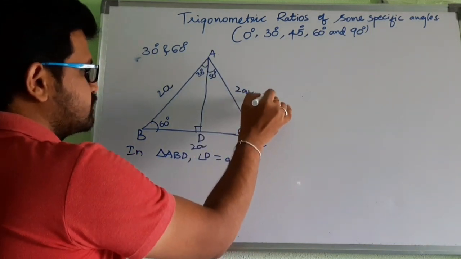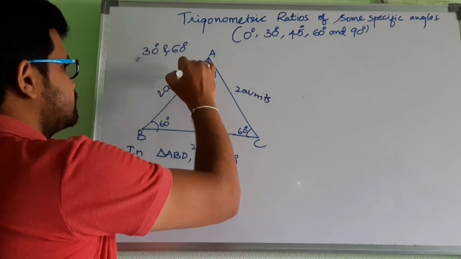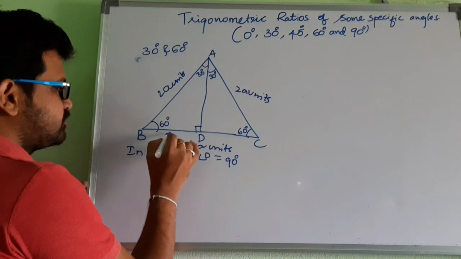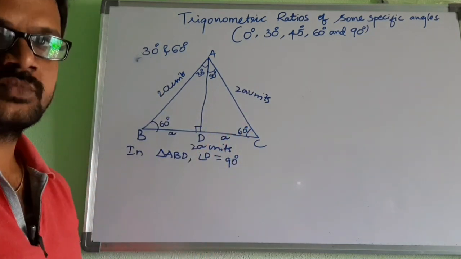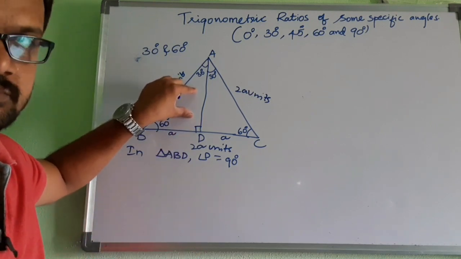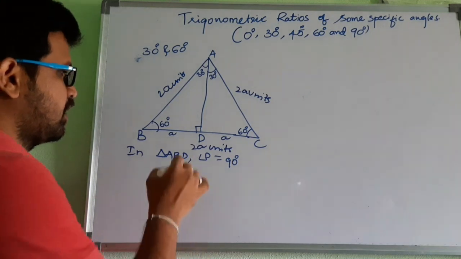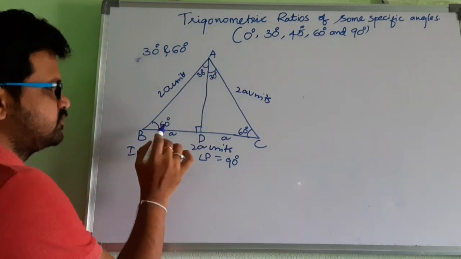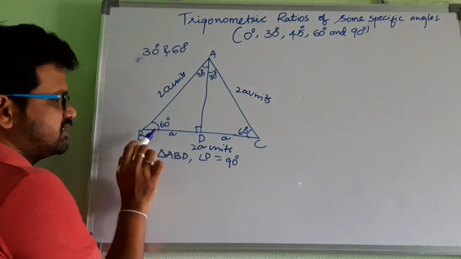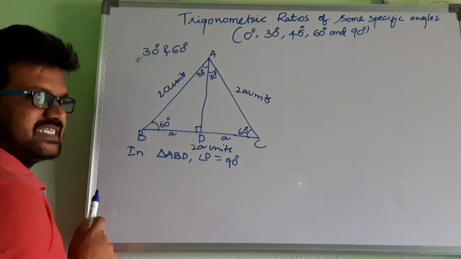Okay, units. So what about BD? BD is a, and this is also a. Why? Because AD is a median and also altitude and also angular bisector. So now in triangle ABD, I am taking this one, angle B, 60 degrees.